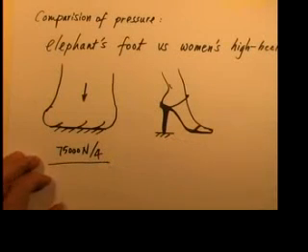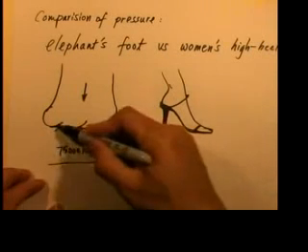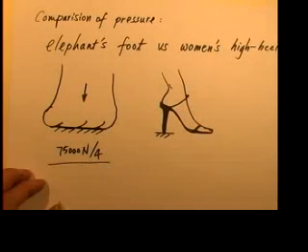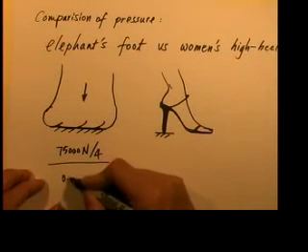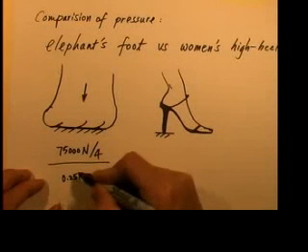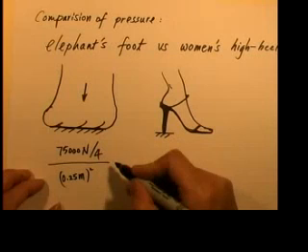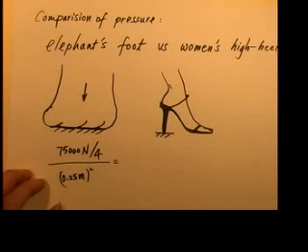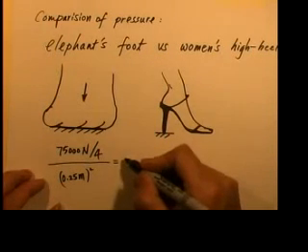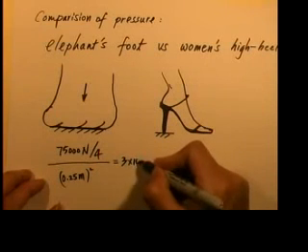And you divide this by the footprint area of the elephant foot, 0.25 meters squared, to get roughly the area. And what do I get? Well, it is a large number in Pascal, and if you work it out, you find this value to be about 300,000 Pascal, or 3 times 10 to the 5 Pascal.